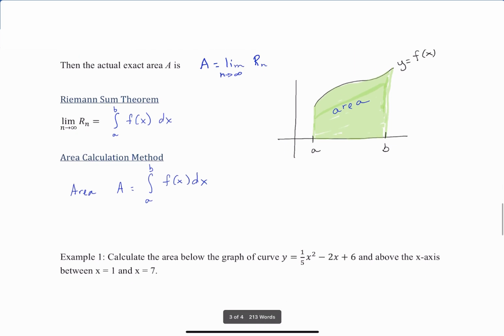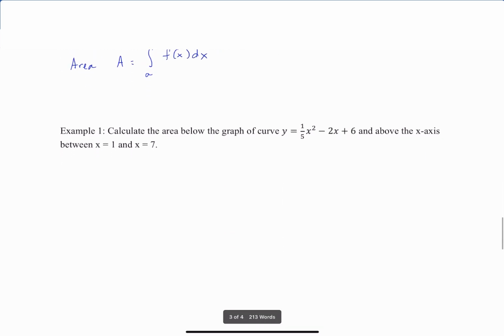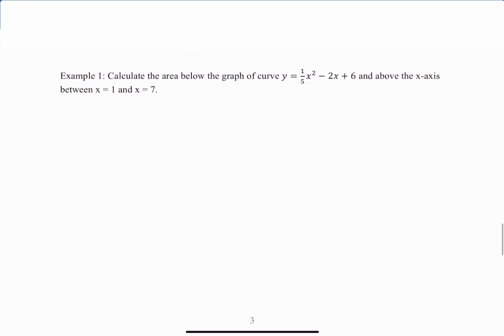Let's see an example. In fact, let's calculate that area that we were estimating before. Let's calculate the area below the graph of the curve 1/5 x squared minus 2x plus 6, above the x-axis and between x equals 1 and 7. So I'm going to do the definite integral from 1 to 7.